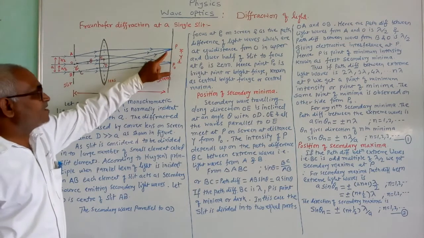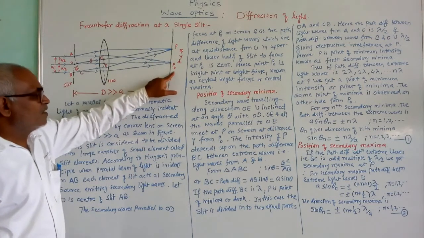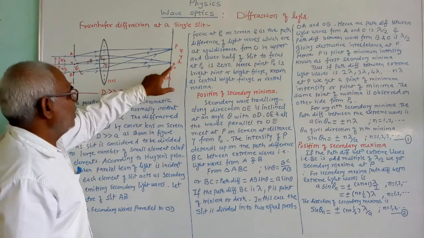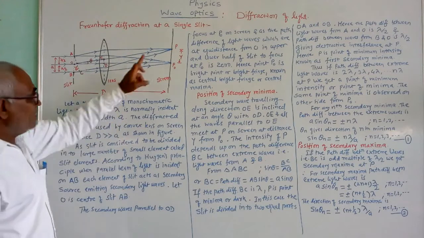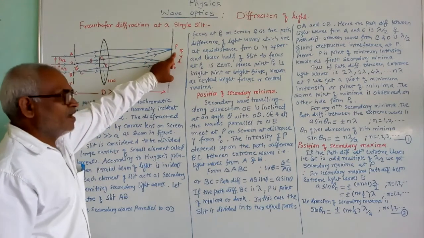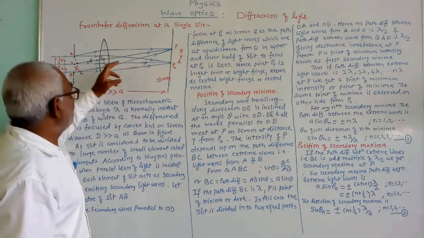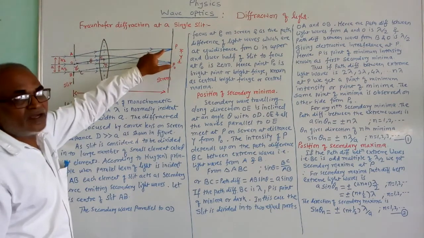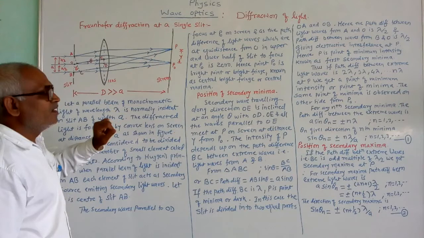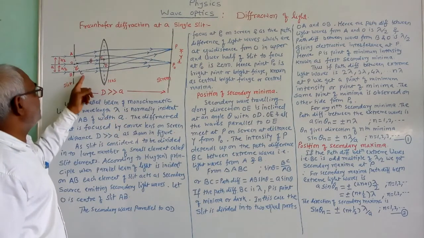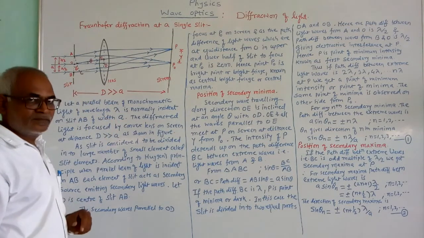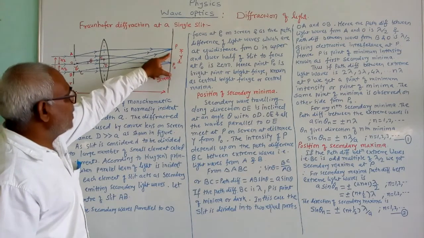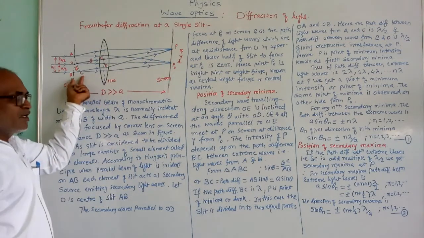This point P is at a distance y from the central maxima, that is point P0. Now the intensity at this point P depends upon the path difference between the extreme light waves which meet at point P. That means the intensity at point P depends upon this path difference BC.